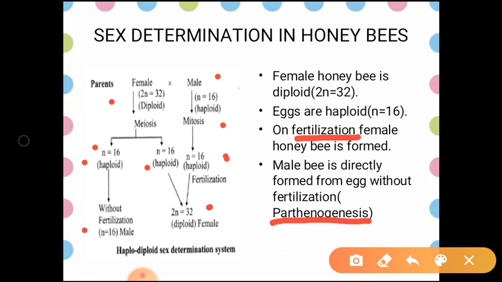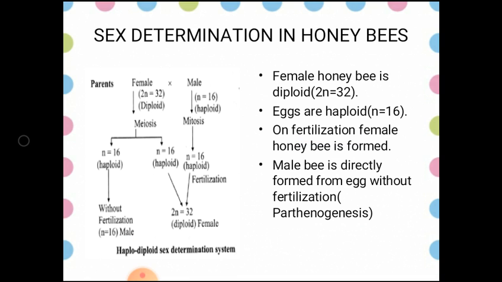When male and female gametes combine by fertilization, that results in the formation of female honeybee. But the female gamete without fertilization directly forms the male honeybee. The process is called parthenogenesis.